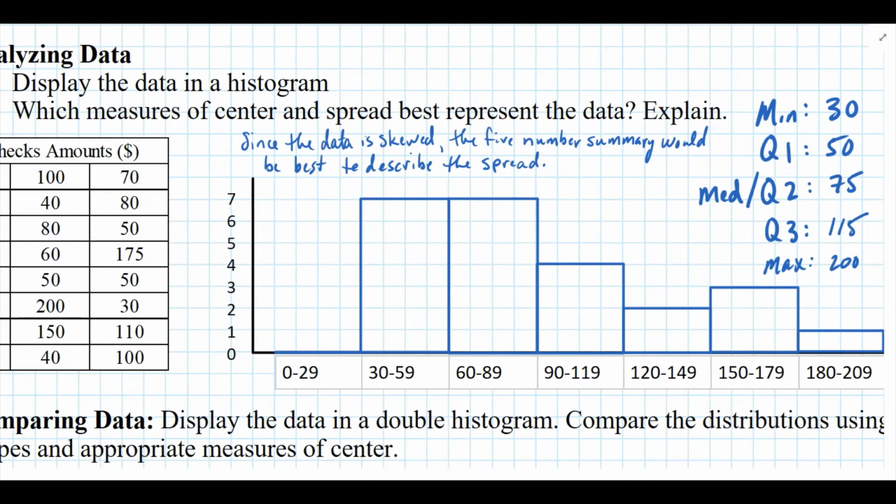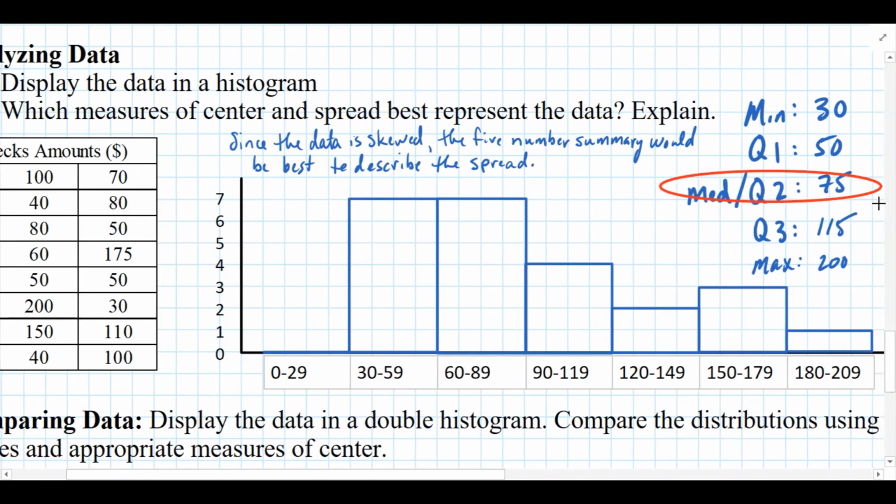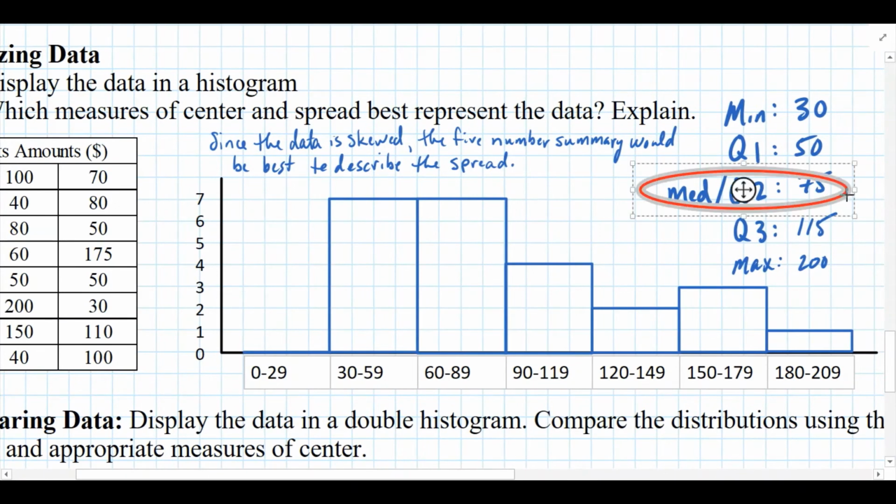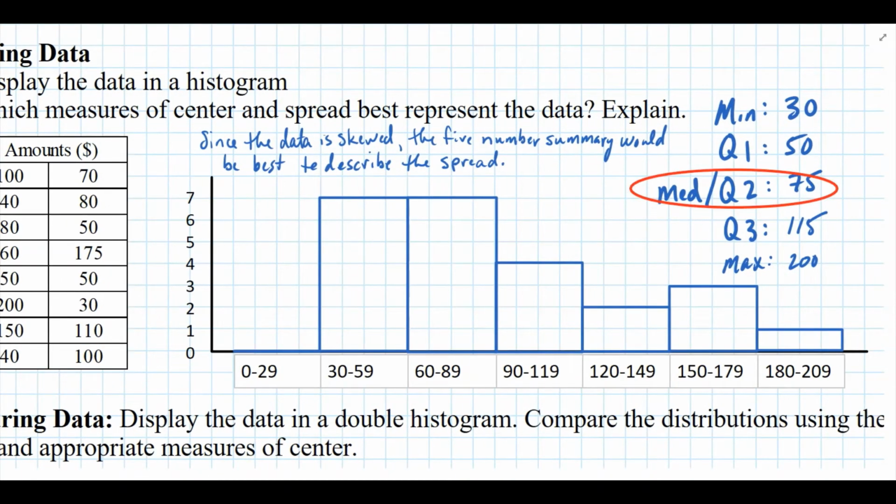Since the data is skewed and not symmetric, the 5-number summary would be the best to describe the data. Half of all of your paychecks were less than $75, and half were more. 1/4 of all of your paychecks were between $30 and $50.